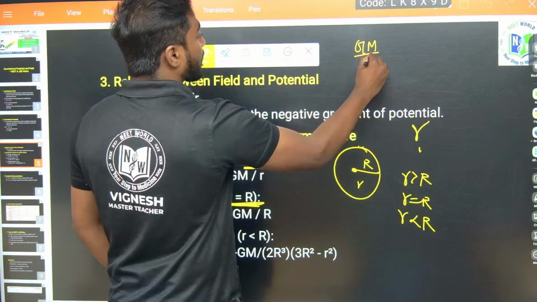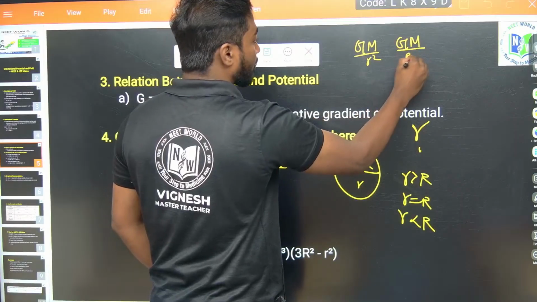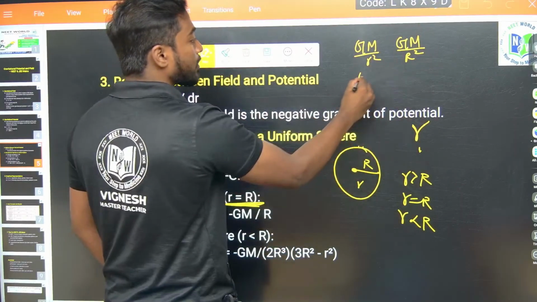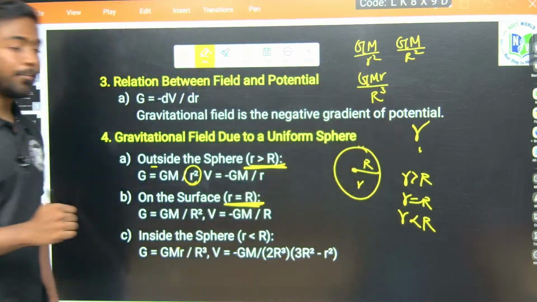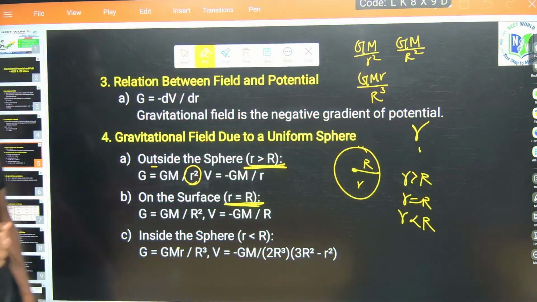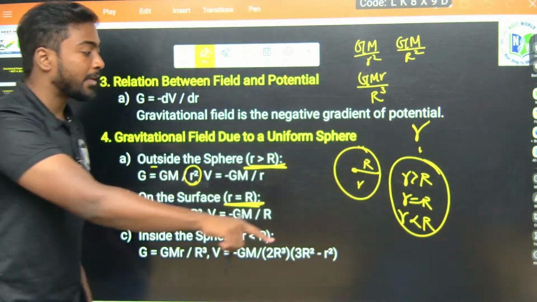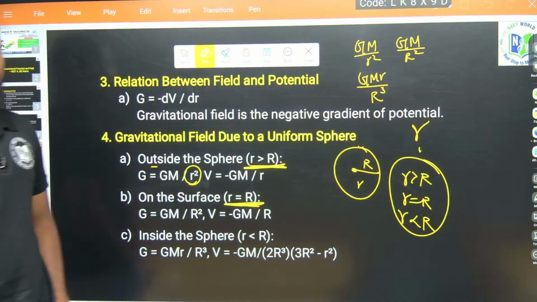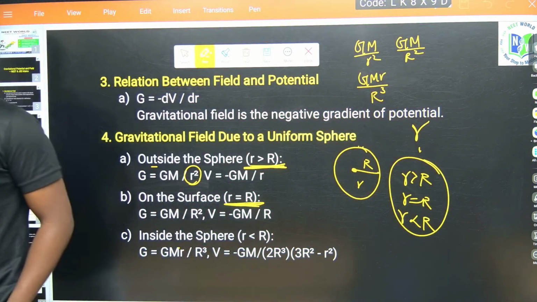GM by r square is the first one, GM by R square is the second one, GMr by R cube is the third one, okay. These are the three formulas when we are using r greater than R, r equals R, and r less than R, okay.